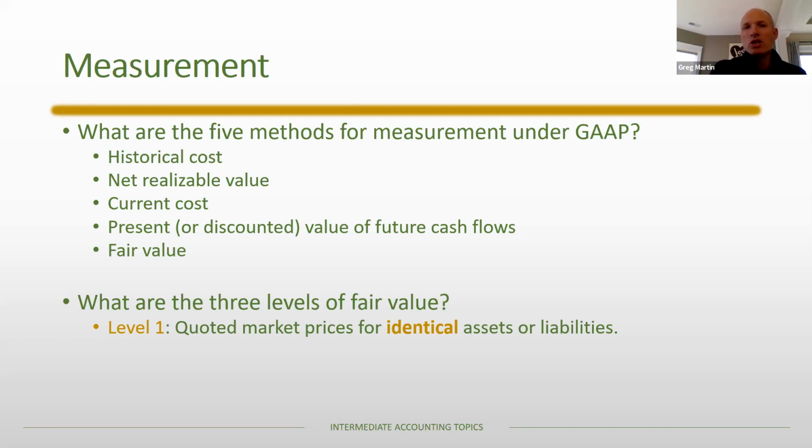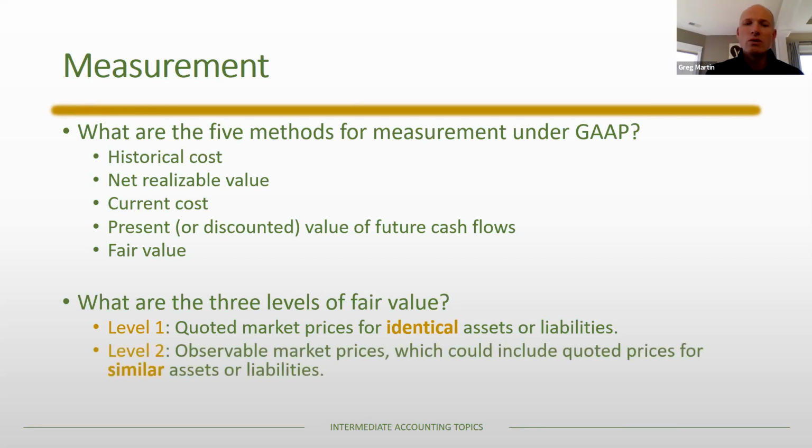Well, if I want to know how much those shares are worth, I can look at market transactions with Microsoft stock and estimate that fair value. That's a level 1, because my shares are identical to those shares that are being traded every single day. And so it's very reasonable to use fair value in that kind of situation, because you have a very reliable way to measure it.